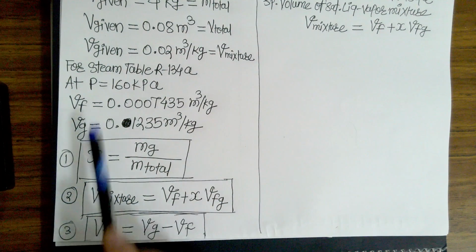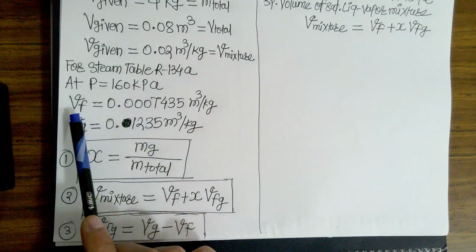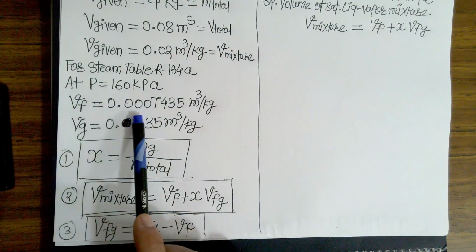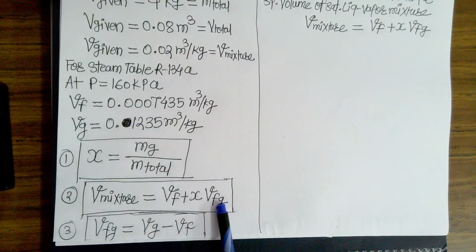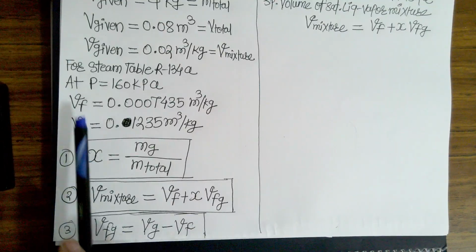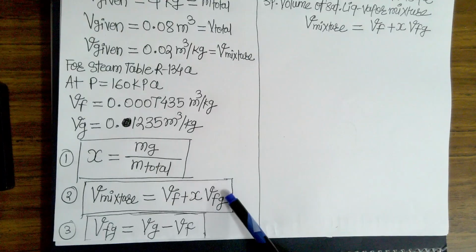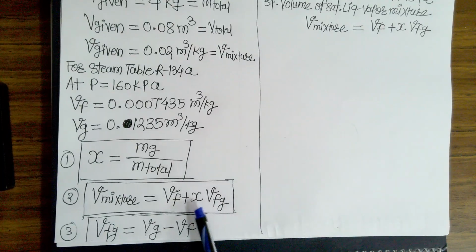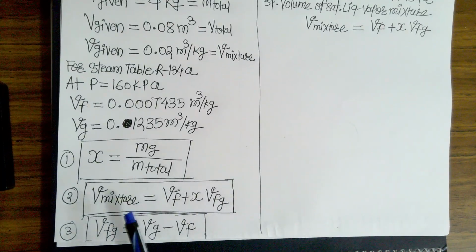Vf, we know that at pressure 160 kilopascal, Vf is given to us. Vfg is Vg minus Vf. So we know that Vg is given and Vf is given. We can calculate Vfg. The only unknown is dryness fraction. So we will use this equation.